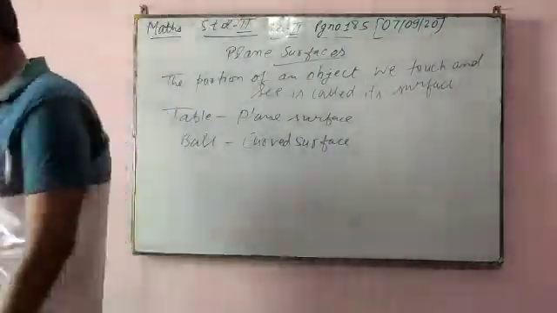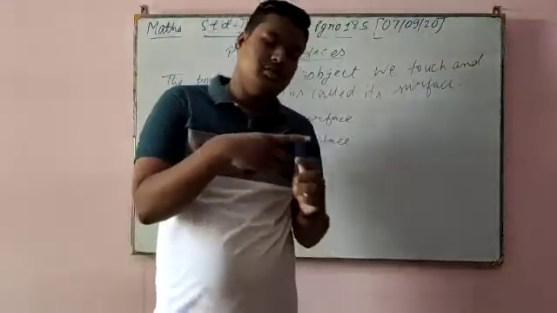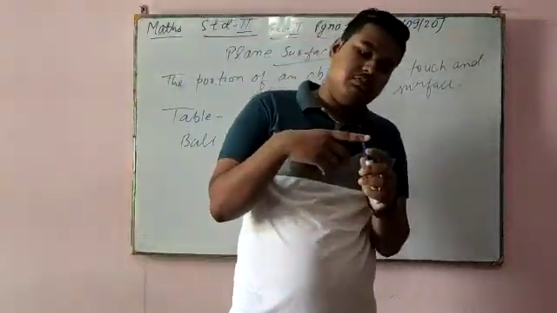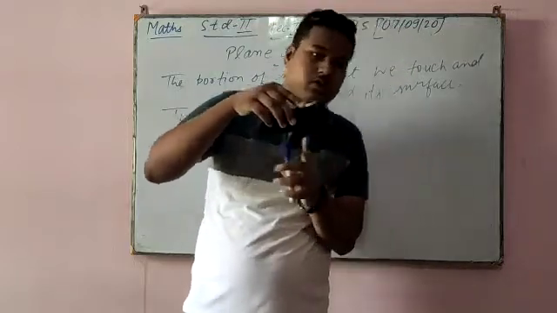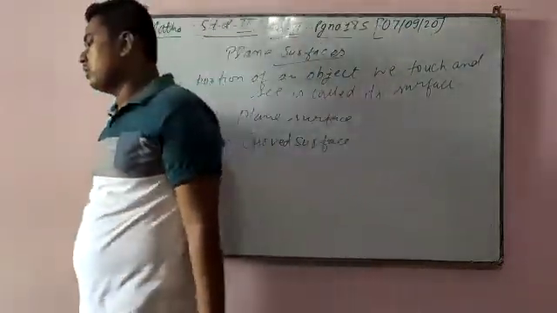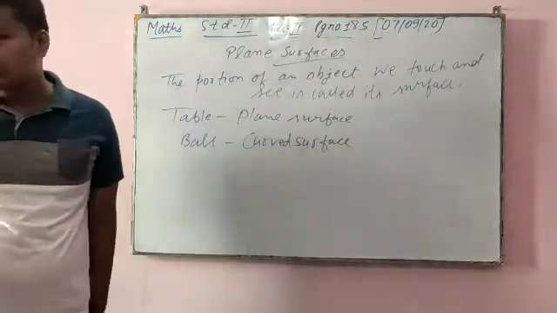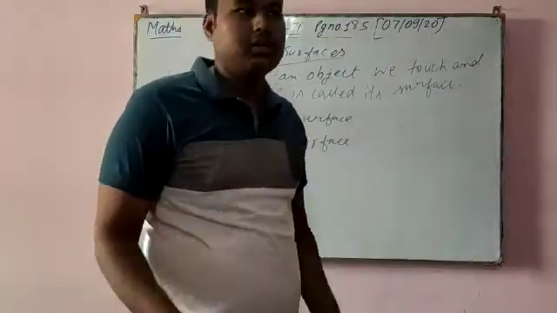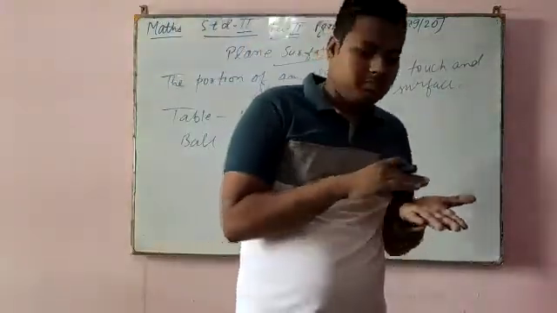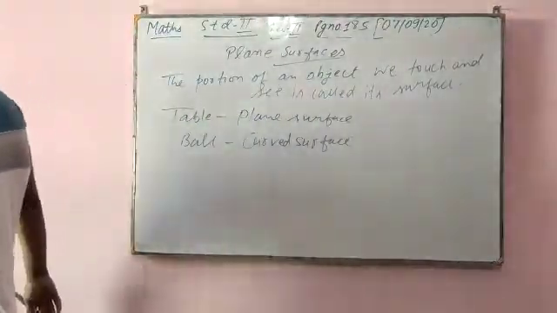But take the example of this marker. This marker has a curved surface. If I keep its upper part, it will not touch with all of its surface, so it is a curved surface. Downside some questions are there. Is the surface of a piece of paper plain? Yes, plain. Try to give all the answers right.